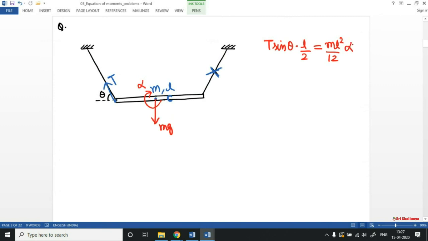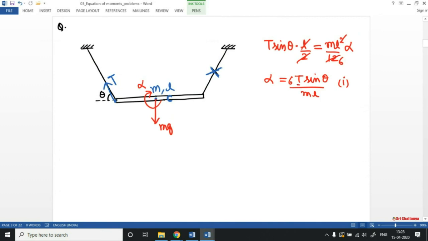So this L and L will get cancelled and this 6 will get cancelled. So alpha would be equal to 6T sine theta divided by mL. So we have got the relationship of alpha as a function of T.